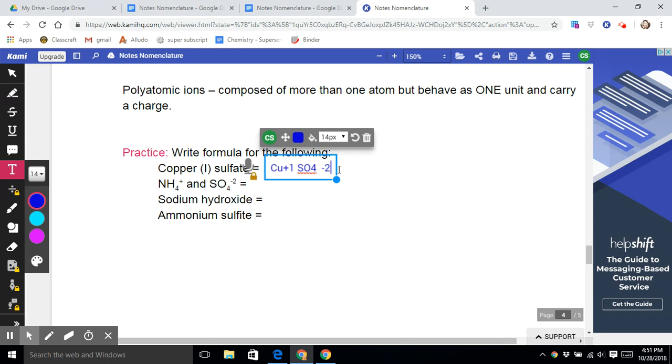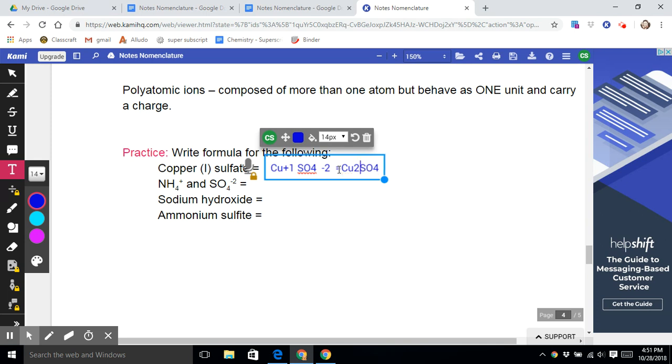When we cross over the charges, we take the Cu with a 1 charge, SO4 with a negative 2 charge. We take the numbers and switch them to the bottom. Again, we drop the sign, the plus or minus. So I'll have Cu2 and then SO4 1.